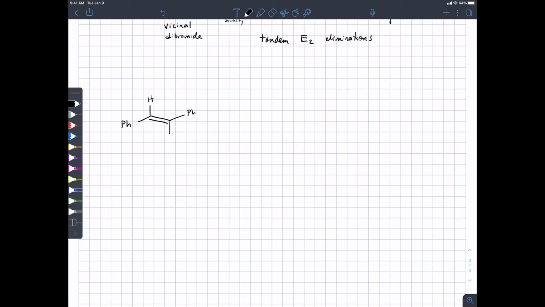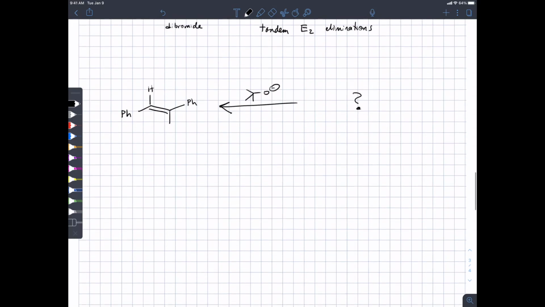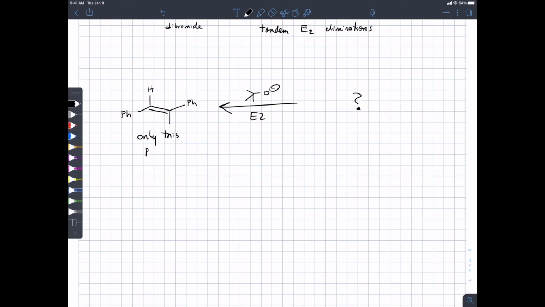All right, so this is fun. This is: design me an alkyl halide that when exposed to a strong base that's a weak nucleophile would do an E2 reaction to give only this product. No other regio or stereoisomers allowed.